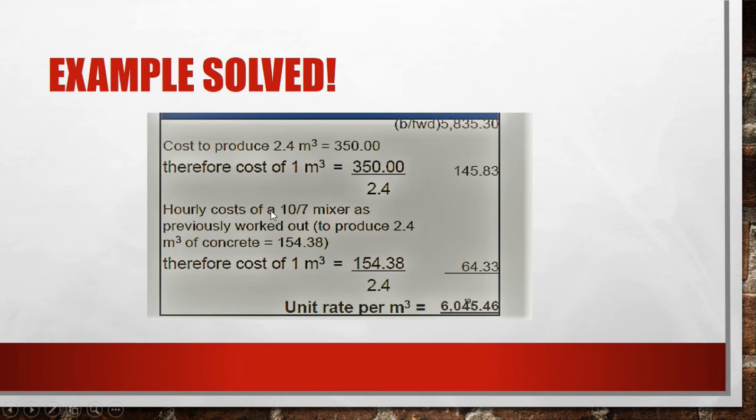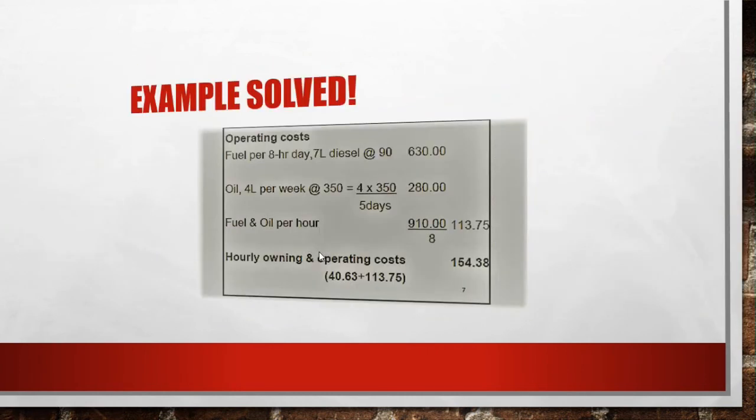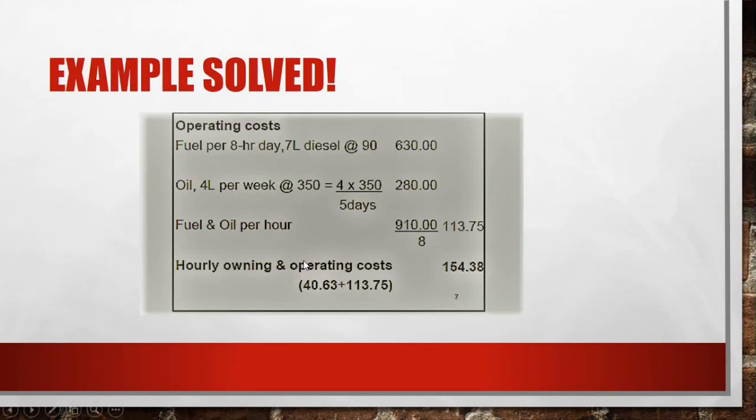So hourly costs of the 10x7 mixer as previously worked out to produce 2.4 meter cube concrete was 154.38. So here we had the hourly owning and operating cost, where you add the owning cost and the operating cost.